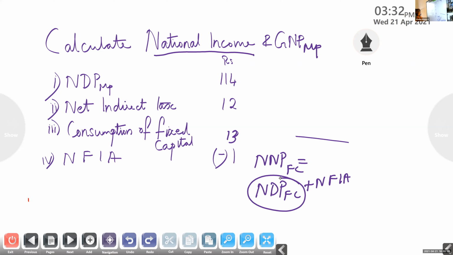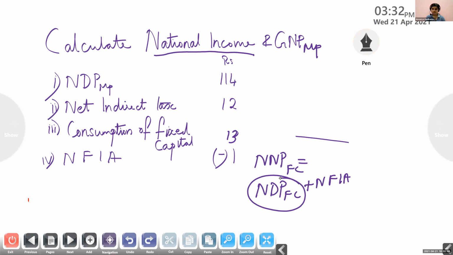I mean, not the formula. I think some of you might have applied it. Which numbers do we have to take? First, we have to take NDP-MP. How much is that? 114. In that, we have to minus what?